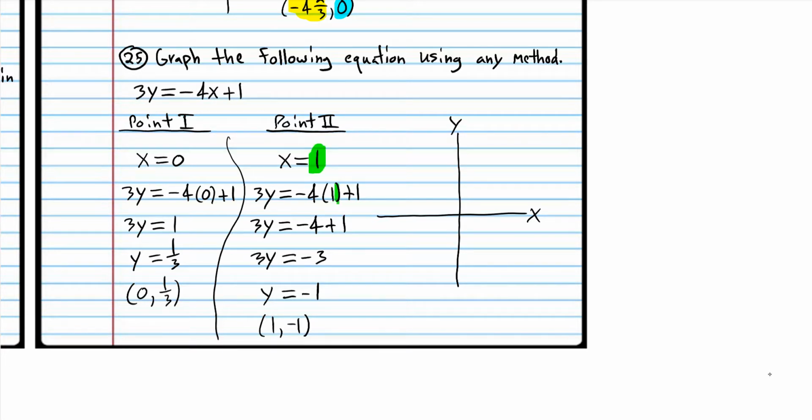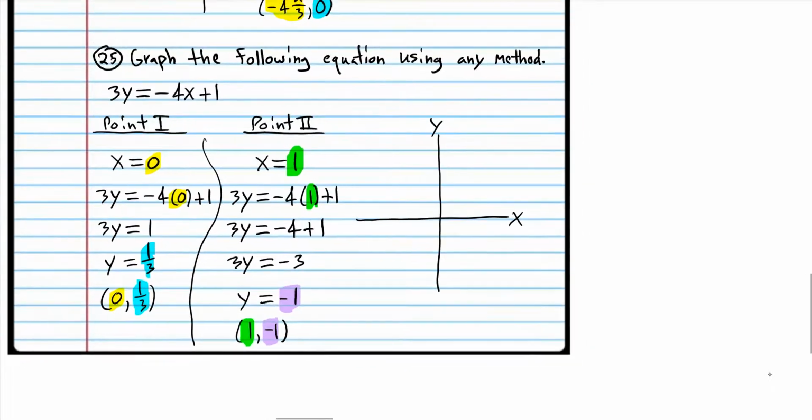So I got that 1 from there, and -1 I got from there, and 0 I got from here. Whoops, gotta use a different color. 0 I put in there, and the 1/3 came from here.